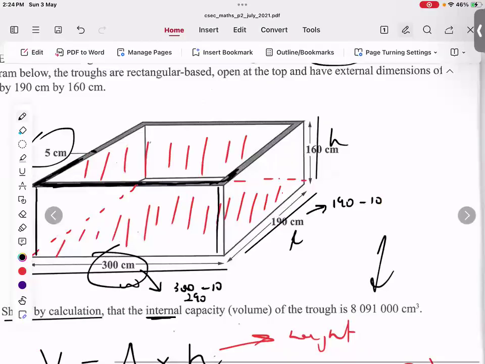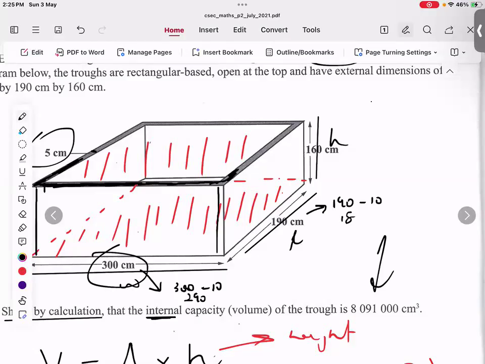That's what most persons make the mistake. That's where I made the mistake when I saw this question the first time. Right? I ignored the 5 because of the thickness, the cut off piece. So I cut off 5 off of the width on both sides. And then after, they chop off 5 again. So that is going to be 190 minus 10.